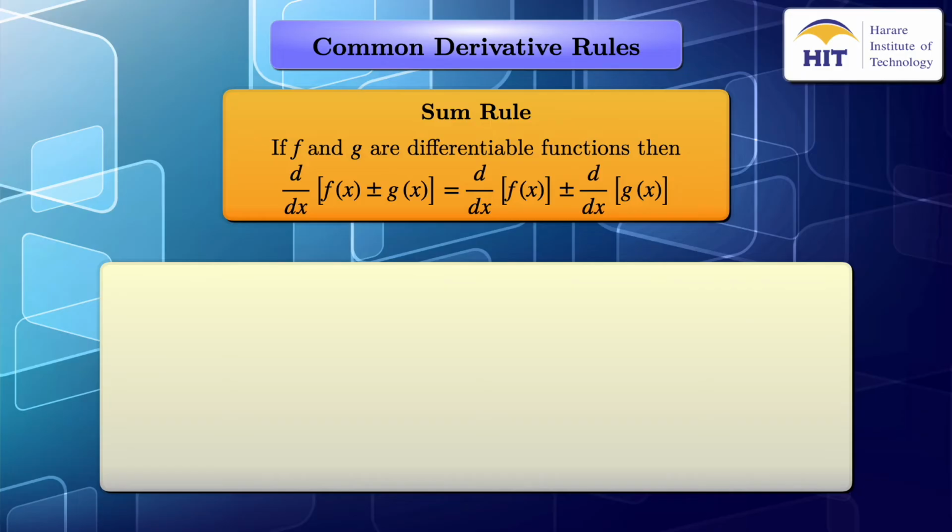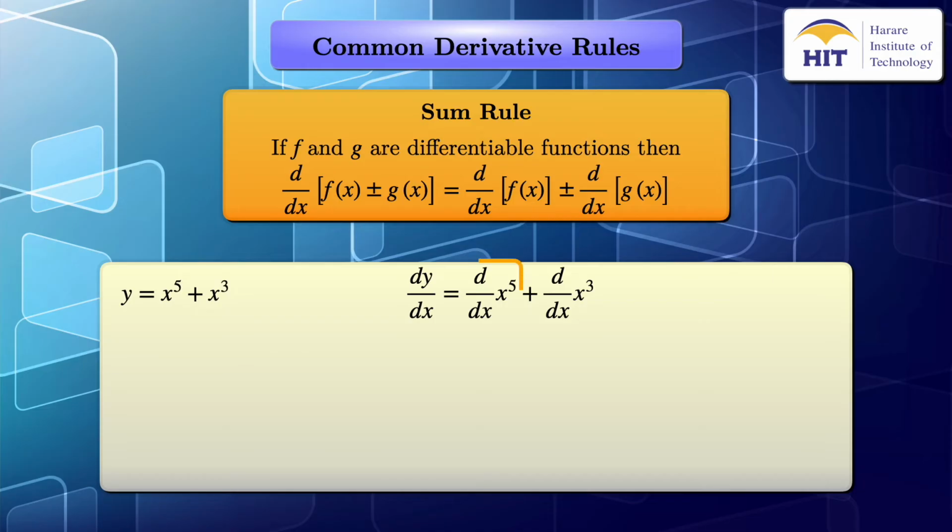For example, if we have a function y is equal to x to the power 5 plus x to the power 3, we have two functions there, x to the power 5 being added to x to the power 3. By this rule, we just add the two when we differentiate. So the derivative of y with respect to x will be the derivative of x to the power 5 with respect to x plus the derivative of x cubed with respect to x.